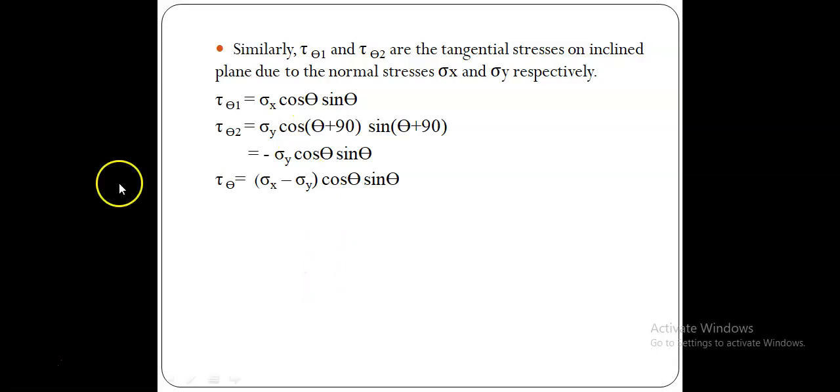The y plane is vertical, but the oblique plane is referred with respect to the x plane, hence the theta plus 90. Finally, tau theta is equal to tau theta 1 plus tau theta 2, which becomes sigma x minus sigma y into cos theta into sine theta.